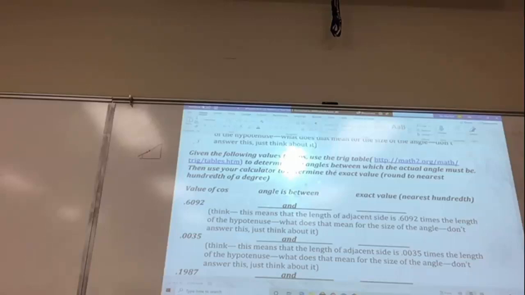So we do something called the inverse. So we take sine to the negative 1. What you're going to do is get second sine, second sine. And that'll give you that sine to the negative 1. And then you put it in.